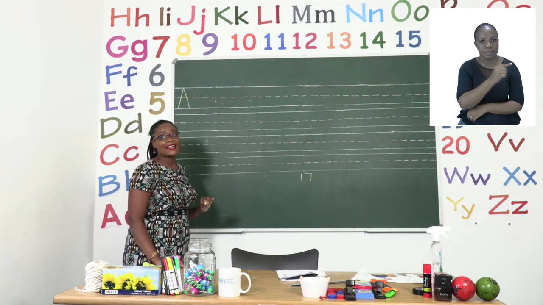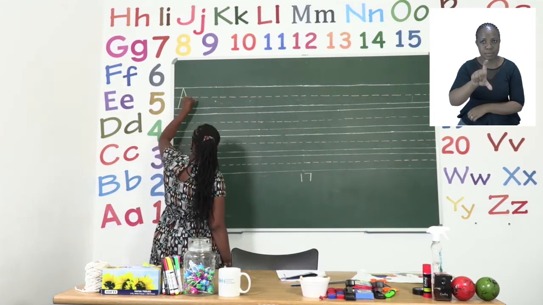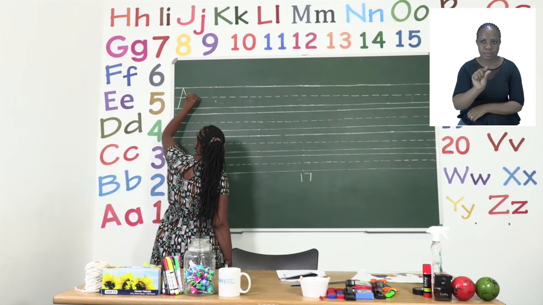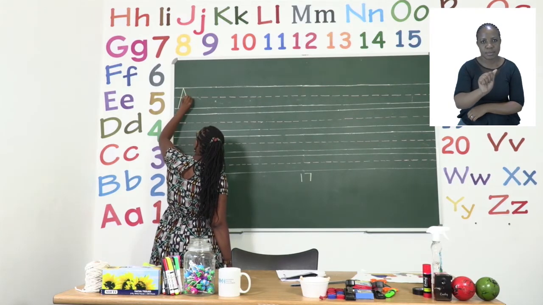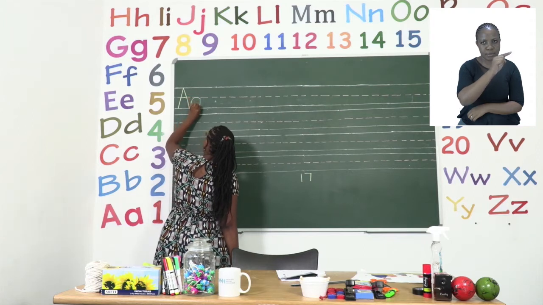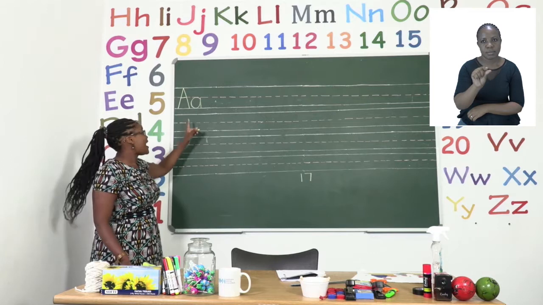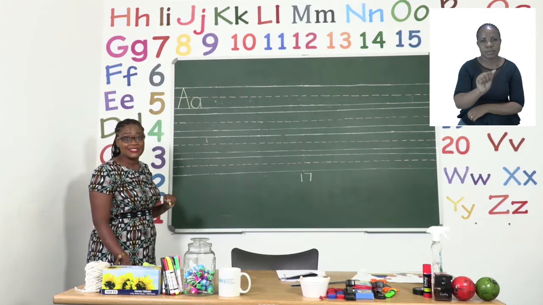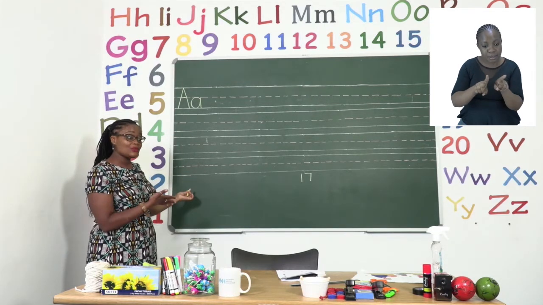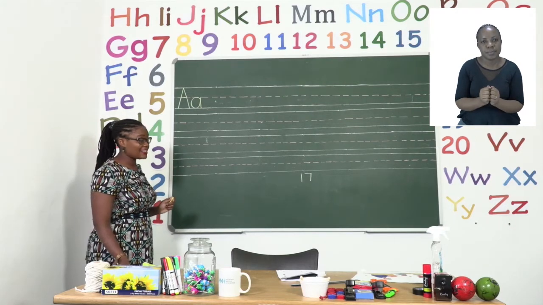This is how we make our letter, capital letter A. Let us now make our small letter. We say round, up and down. And that is our small letter A. Try and do the same in your booklet. I will be doing it on my board and you will be doing it in your booklet.